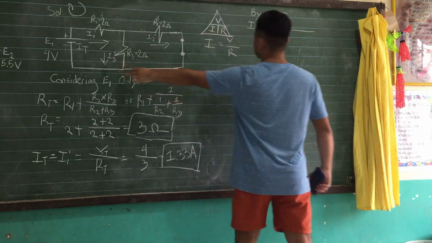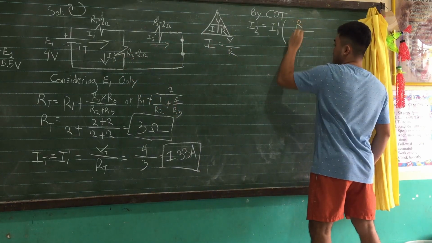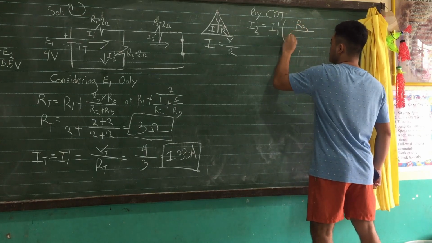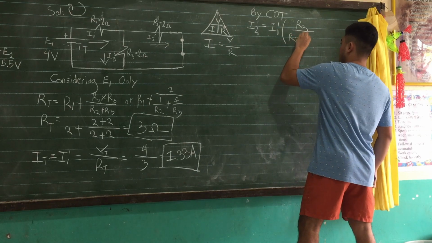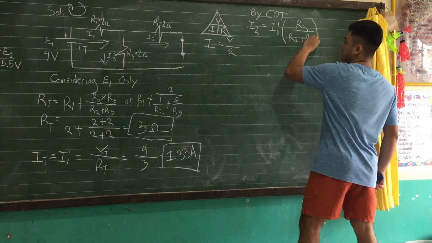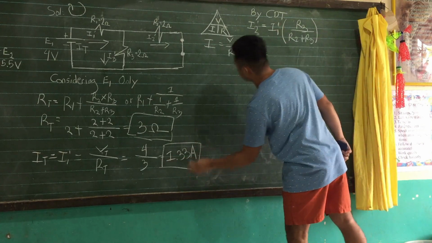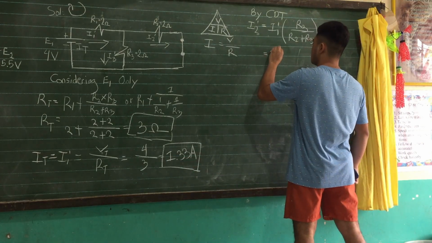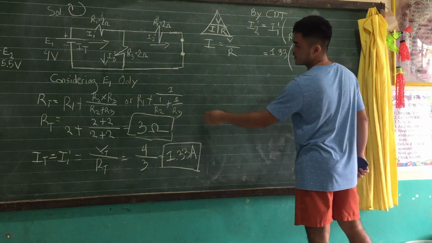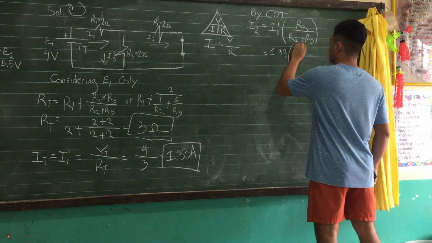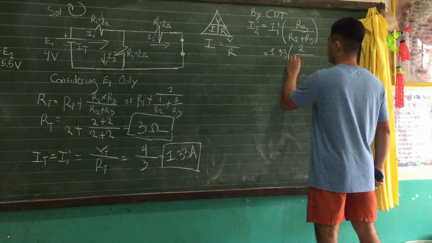So ano nga ba yung opposite resistance natin? That is the R3 over R2 plus R3. So by substitution, our I1 prime is equal to 1.33 ampere multiplied by R3, our R3 is 2 ohms, over R2 and R3, which is also 2 ohms.